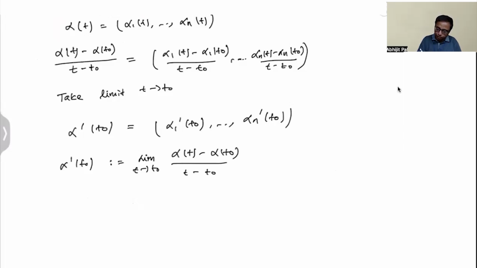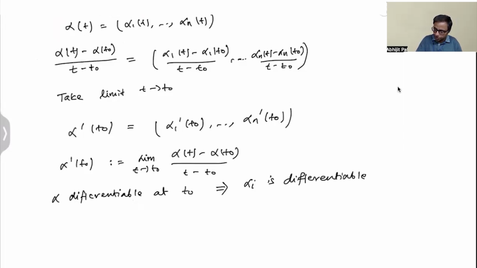So alpha differentiable at t naught implies alpha i is differentiable at t naught for all i equals 1 to n. And the converse is also true from this identity.